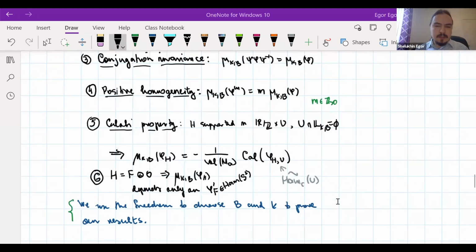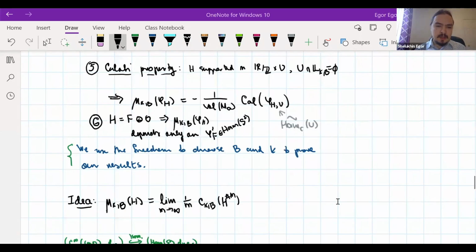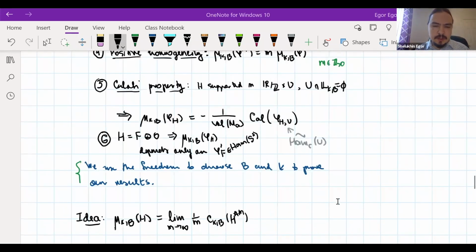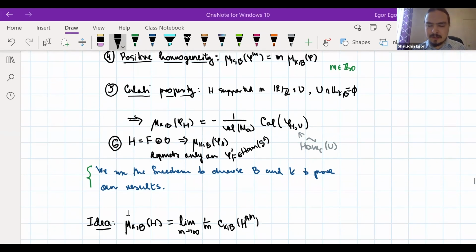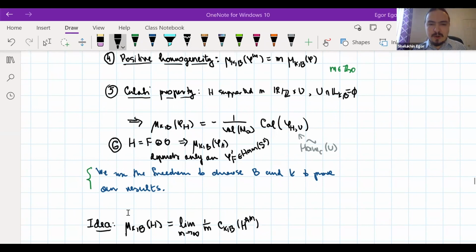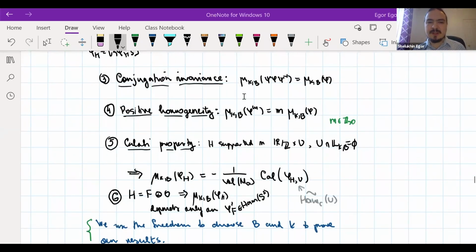Just a word on the construction of this mu KB: it involves the spectral invariants from before, but we homogenize them. We take the limit of 1 over m CKB of the mth iterate of H. It turns out that for almost all results, this homogenized version is most useful because of the positive homogeneity property and the conjugation invariance property, as well as the Lagrangian control, of course.